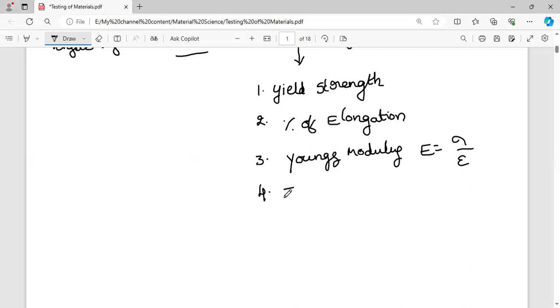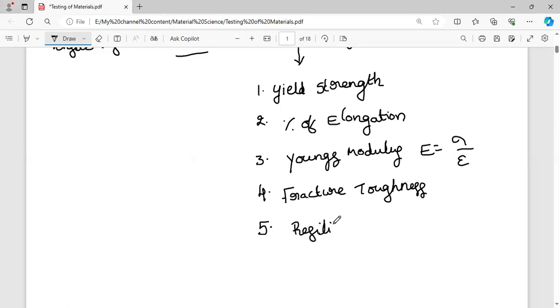Next, another property, that is fracture toughness. Fracture means the failure of the material. Fracture toughness can be measured by using the universal testing machine. And another is resilience.